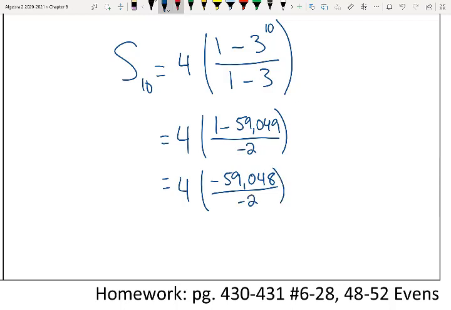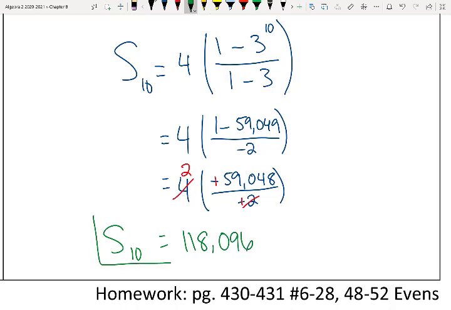So depending on how you want to think through this, let's just say my negatives cancel. This 4 and this 2 reduce to a 2. So 59,048 times 2 should give me a total sum for the first 10 numbers in the series of 118,096. That is the sum of the first 10 numbers, 10 terms of that series.